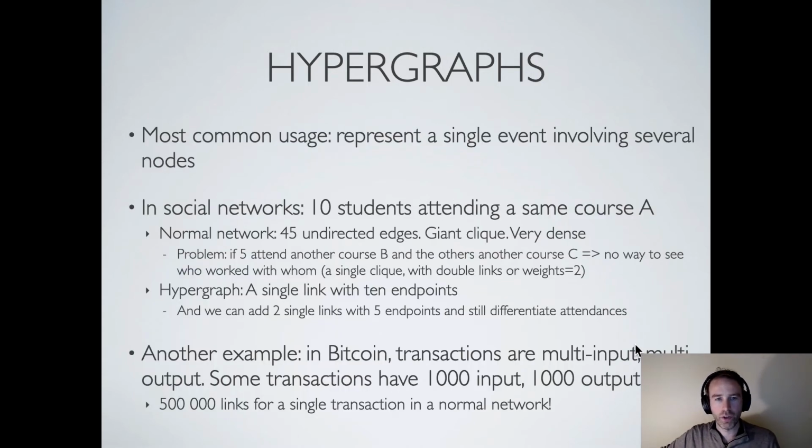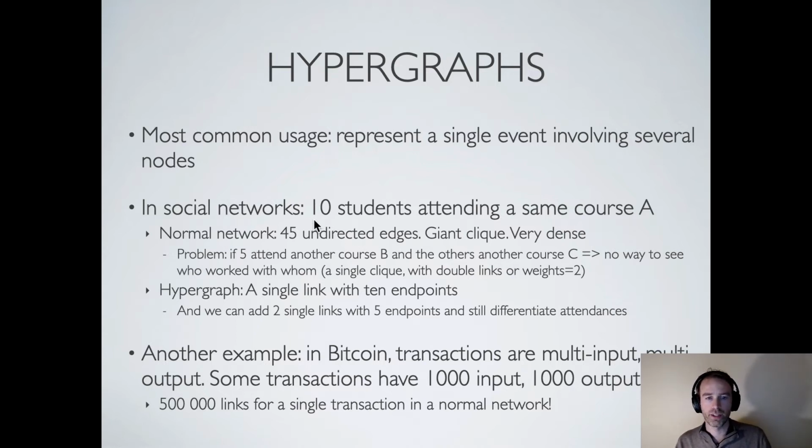Okay, and this is very useful because in quite a lot of situations, you have data sets in which you observe interactions between groups of nodes, groups of individuals, for instance. A typical example is when you have 10 students attending the same class. Since we know that these students went to the same class, they are linked, so we want to add links between them.